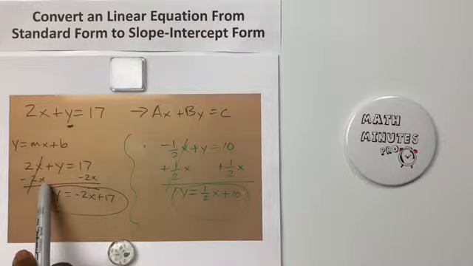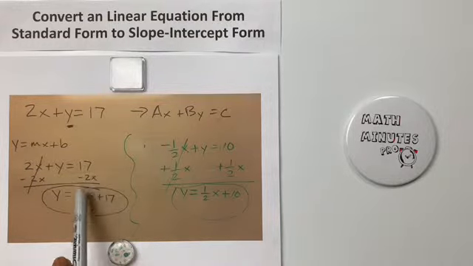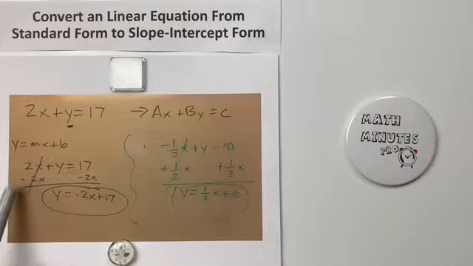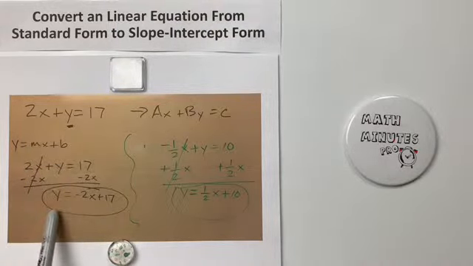Whatever you do to one side of the equation, you do to the other side. We subtract 2 times x here. Draw our line. Then when we add down, 2 times x plus negative 2 times x, that's 0. We bring down the y, bring down equals.